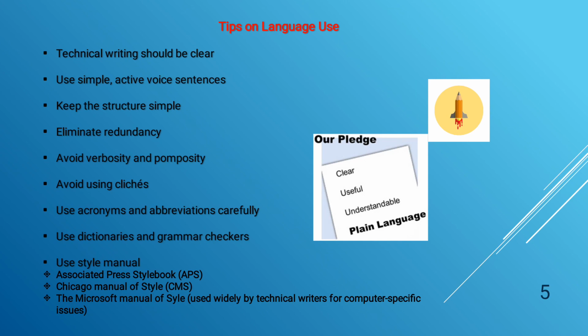When you use a style manual, it helps the writer to follow the rules and conventions of writing. Technical writing often follows a standard format or style, so writers from academic institutions, professional organizations and corporations use these style guides.